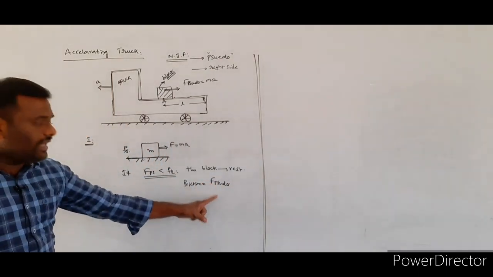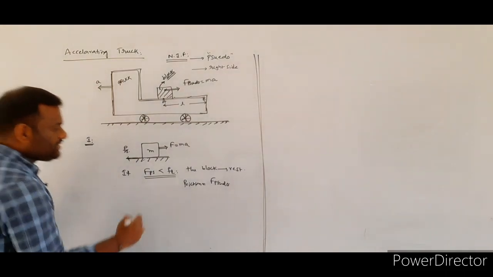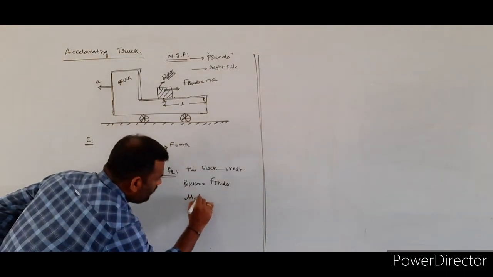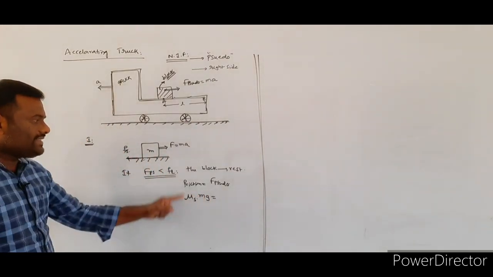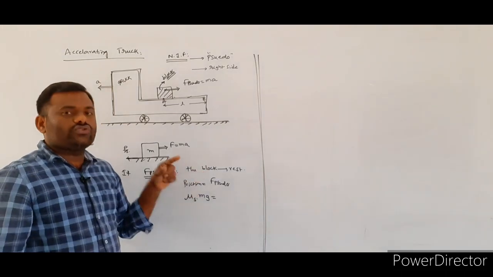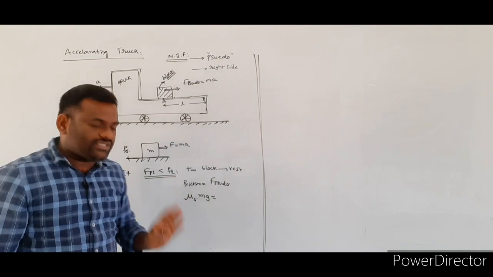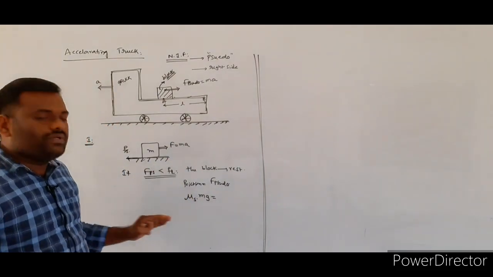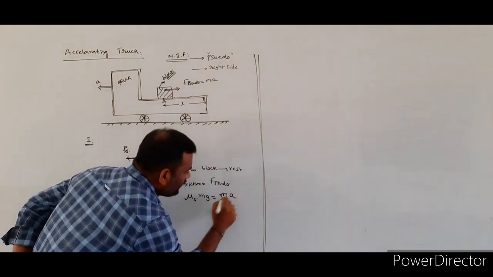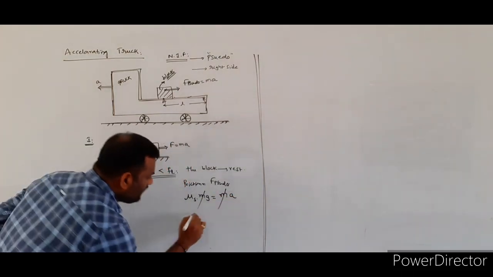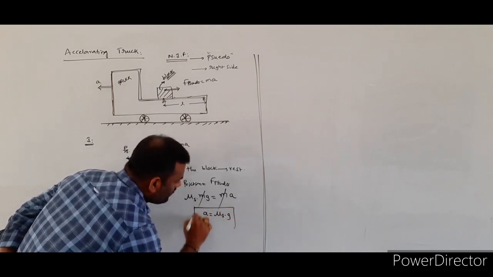According to the laws of friction, the frictional force is mu s into mg, because the object is at rest, so static frictional force exists. So mu s into mg is equal to the pseudo force magnitude, ma. The m gets cancelled, therefore a is equal to mu s into g.